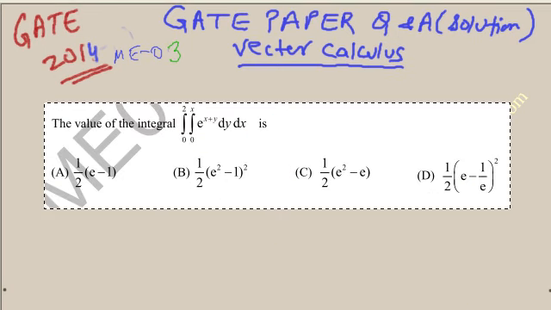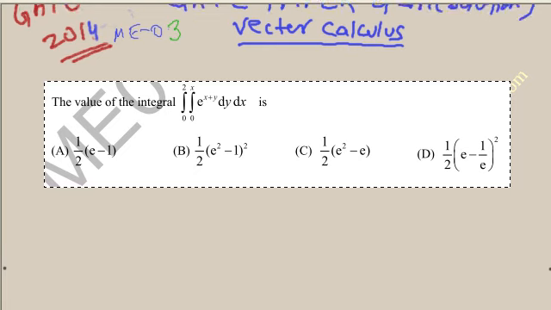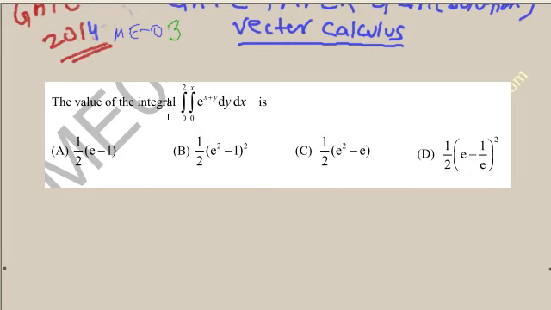Here is another question. You are required to integrate this. So first, what you need to do is integrate it with respect to y and treat x as constant. If you do this, you will get e to the power x plus y, from x to 0.